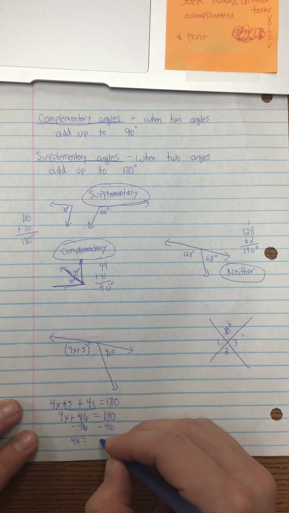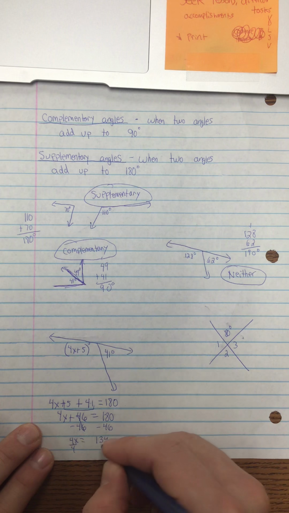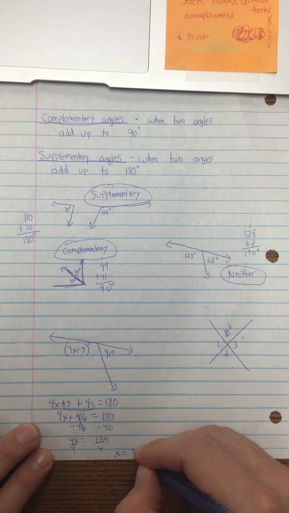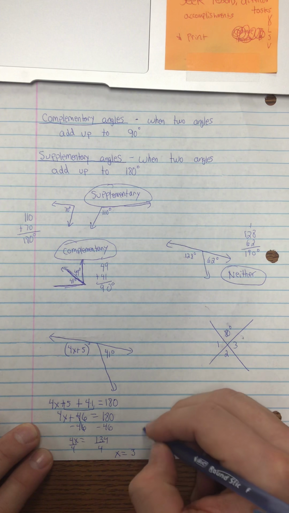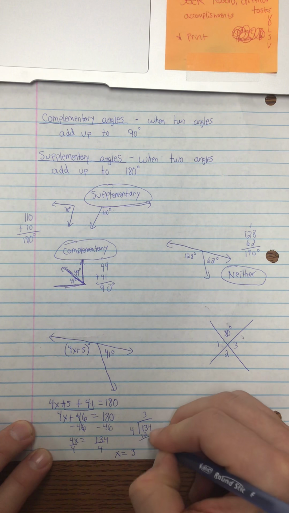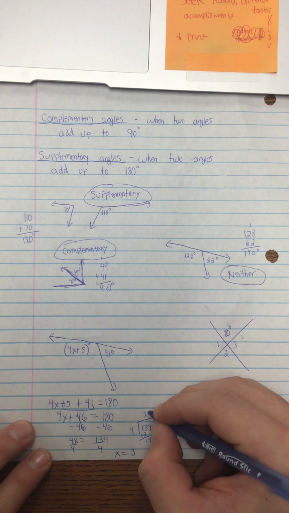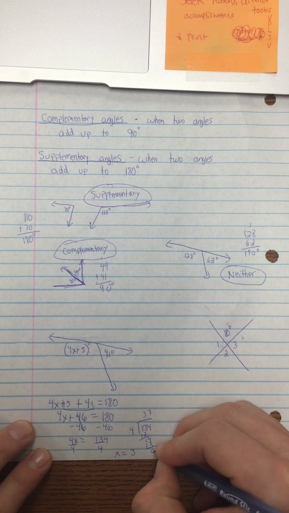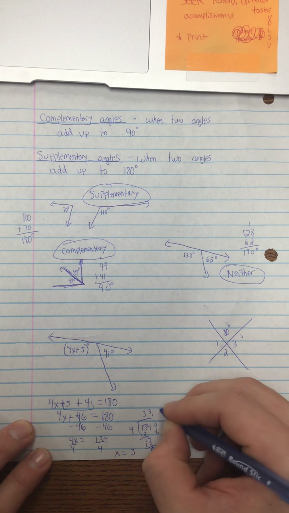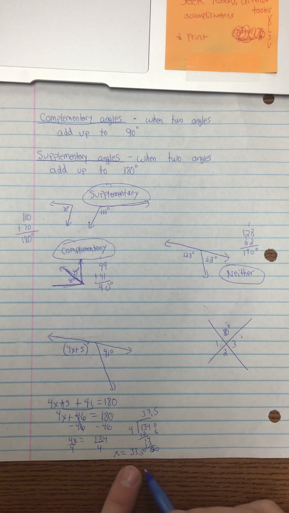Right, I have 134, and then I divide by 4, and x equals... 4 goes into 13 three times, then 4 goes into 14 three times again, add my decimal, drop a 0, that's a 2, and 4 goes into 20 five times. So 33 and a half is what x equals, okay?